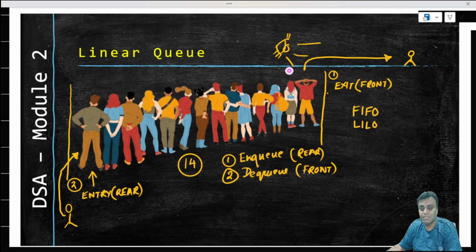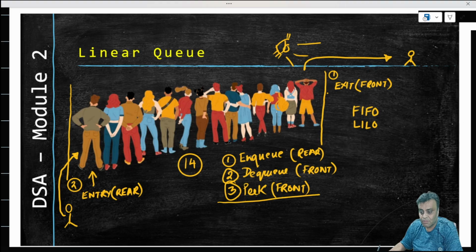I'm not asking him to move out. I'm not doing the dequeue operation. I'm just watching this person who is first in the queue. That watching operation is called peeking the queue to see who is basically the first person in the queue. And this peek operation also happens at the front of the queue. So those are the three operations mainly that classify the behavior of a queue.